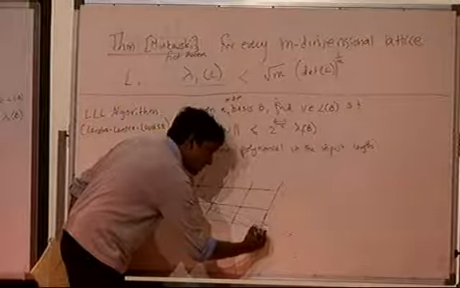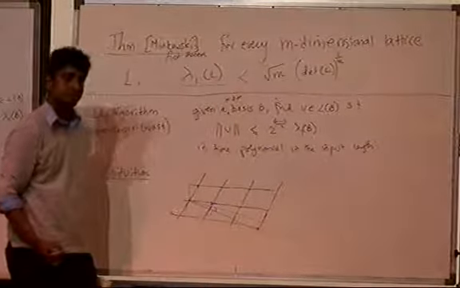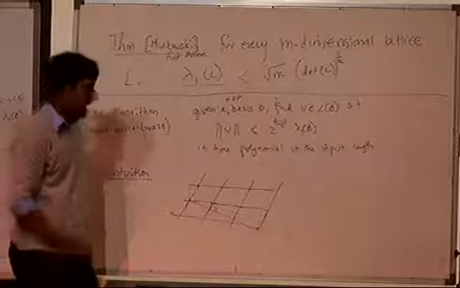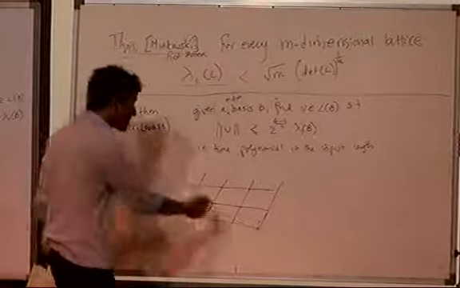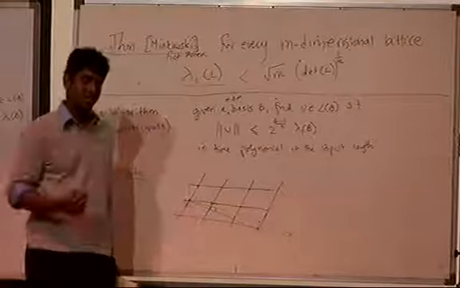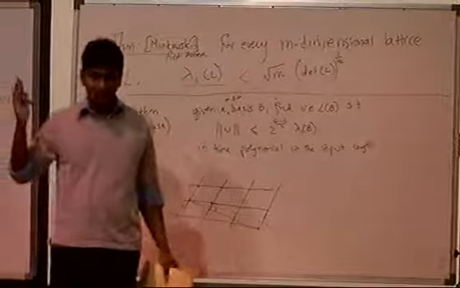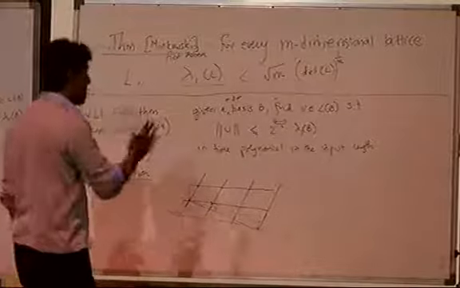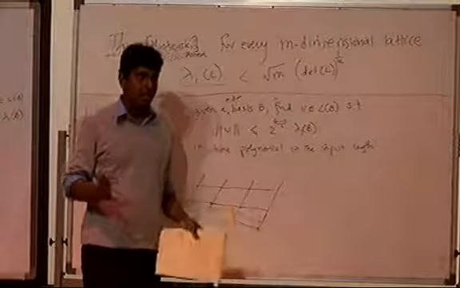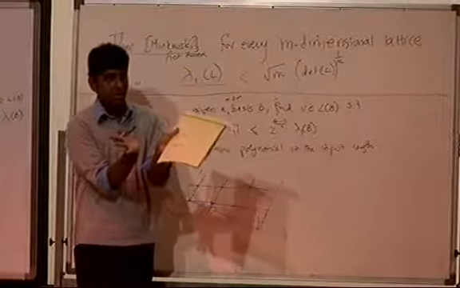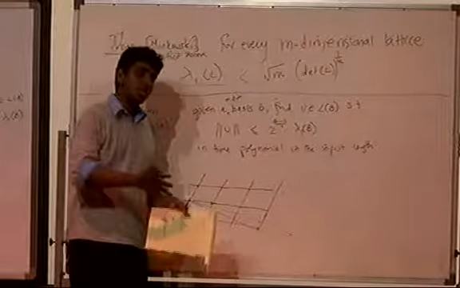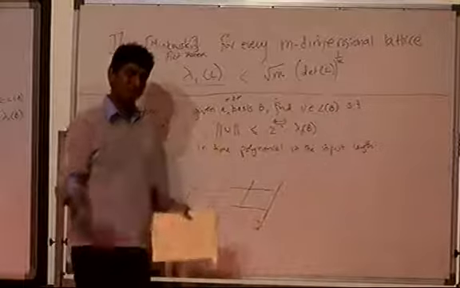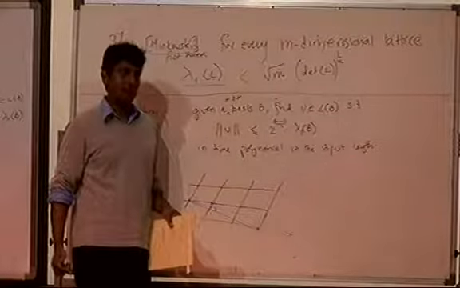This one is really tiny, because the angle between these two vectors is really small. So good bases with short vectors tend to have large angles between them and large Gram-Schmidt vectors, and bases with long vectors tend to have small Gram-Schmidt vectors.